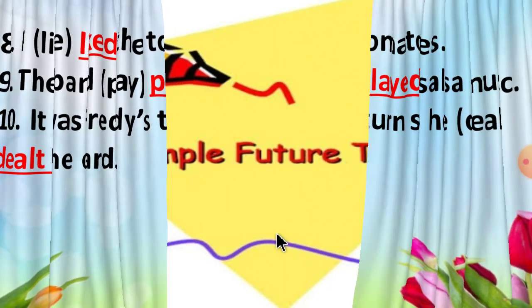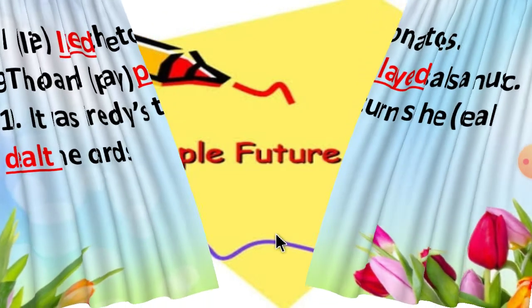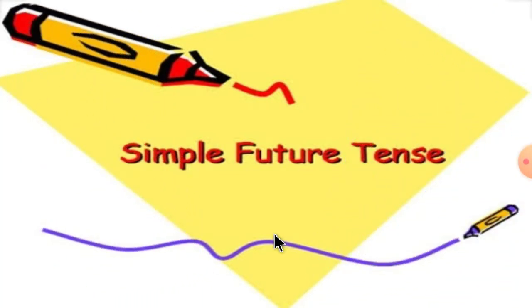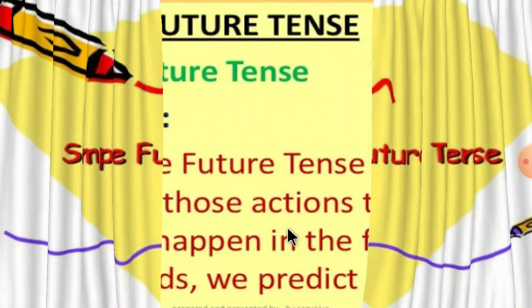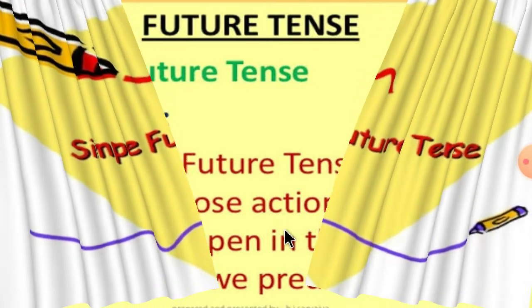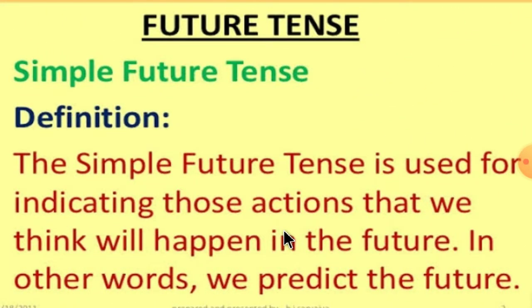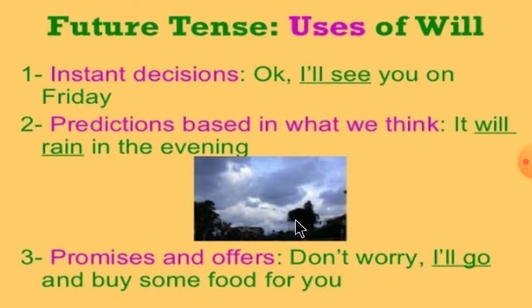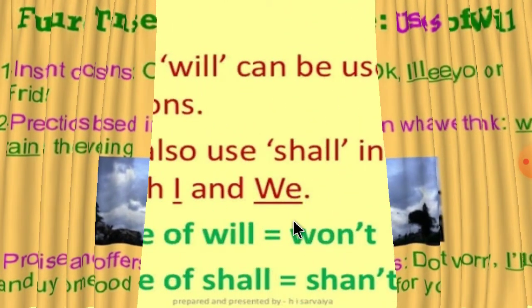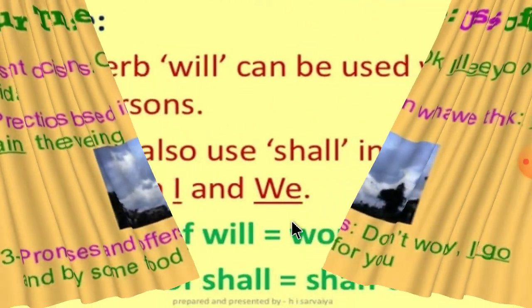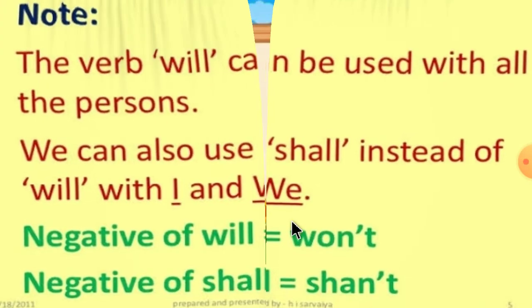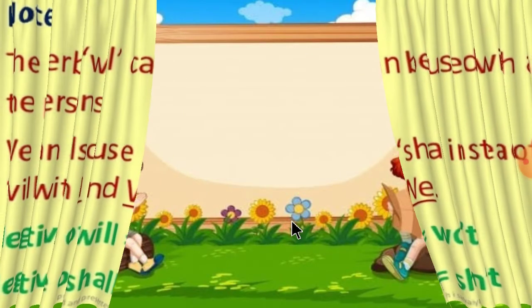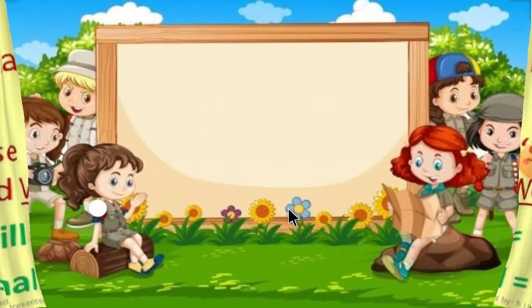Then after completing that, we learned the simple future tense. So in the simple future tense, what have we learned? First we learned the definition of the simple future tense. Then we learned the uses of will, what the uses of the simple future tense are, and when we can use will or shall. And at last we completed an extra exercise for practice.